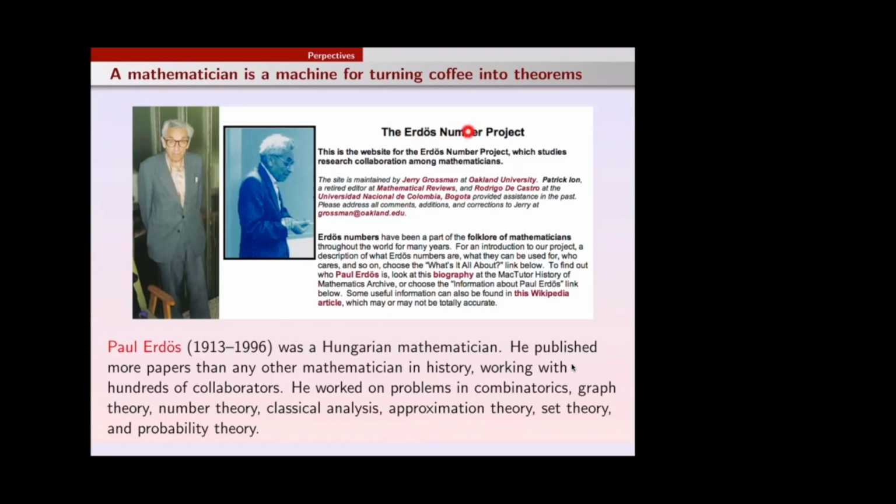So what does Erdos number mean? It means that Erdos, who was working with so many people, maybe he had like 300 collaborators, those collaborators that wrote an article at least and published an article with Professor Paul Erdos, they have Erdos number 1.